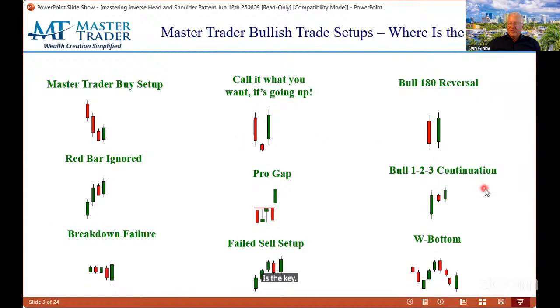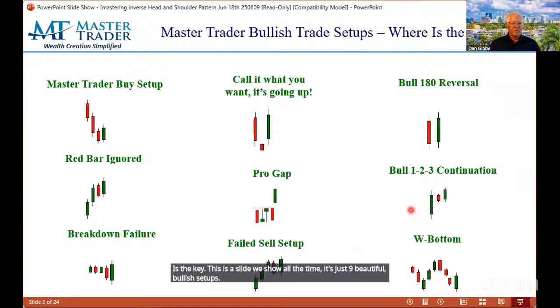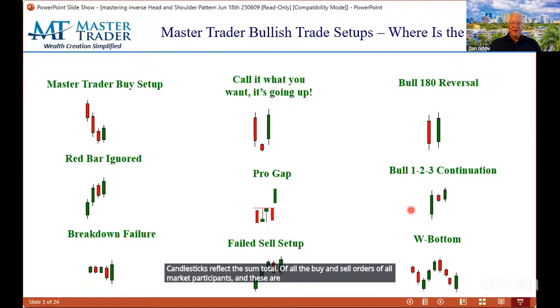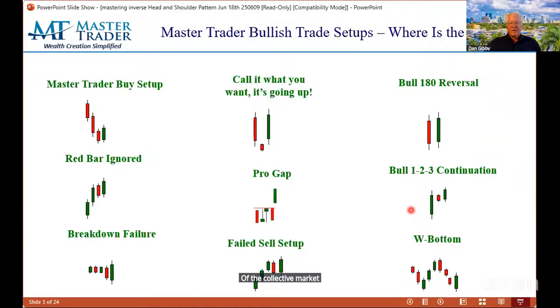This is a slide we show all the time. It's just 9 beautiful bullish setups on any time frame, any instrument. It doesn't matter what you're trading. Candlesticks reflect the sum total of all the buy and sell orders of all market participants. And these are the pictures that we trade of the collective market participants.